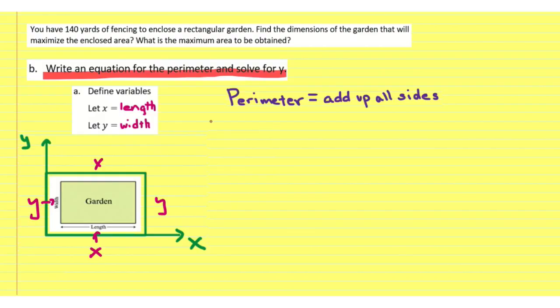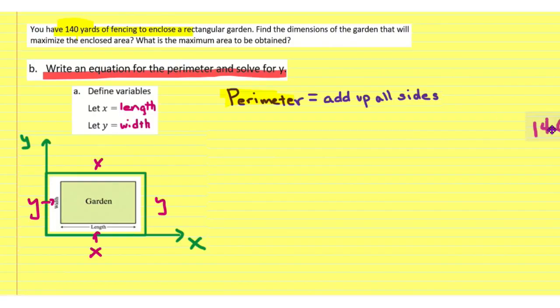Okay, so if I add up all those sides, we also have to remember what it told me in my original information, 140 yards of fencing to enclose. So the entire perimeter, or what all the sides are going to add up to, is going to be the 140.